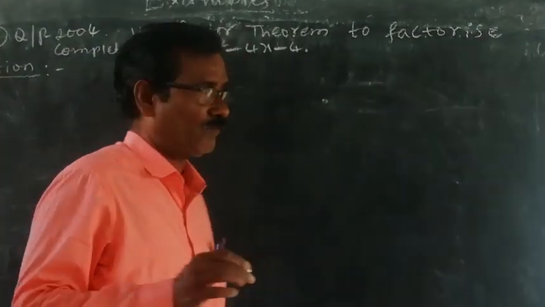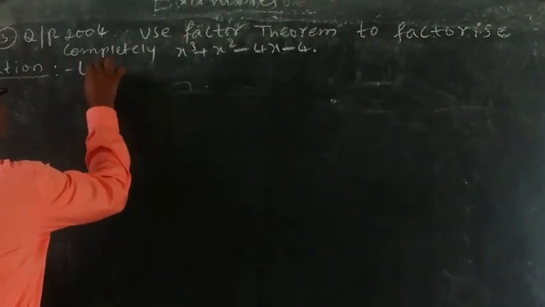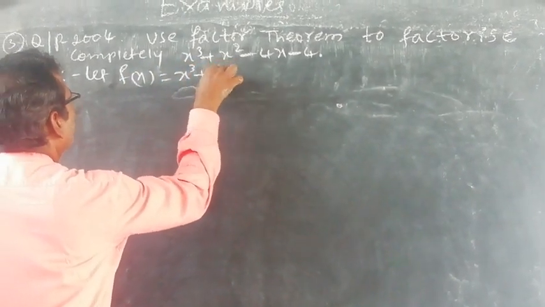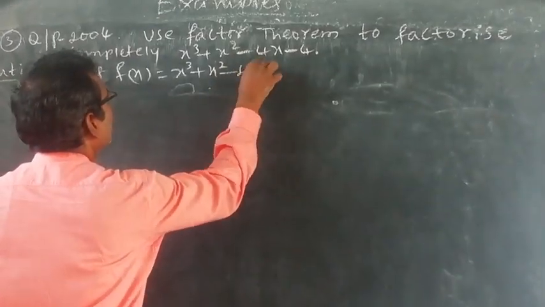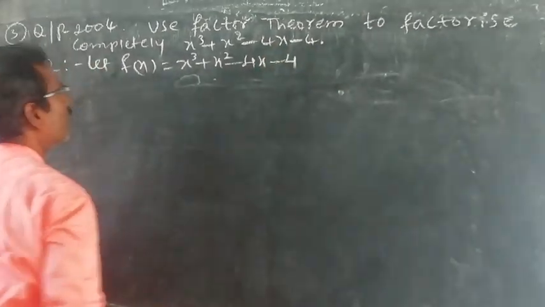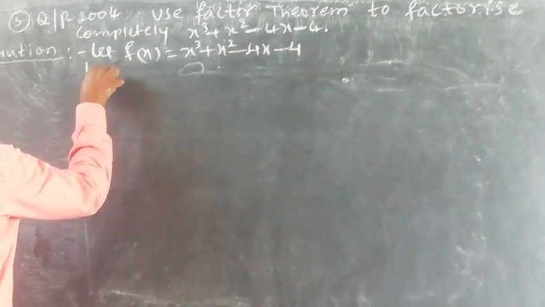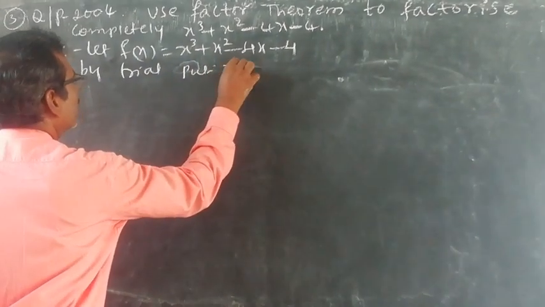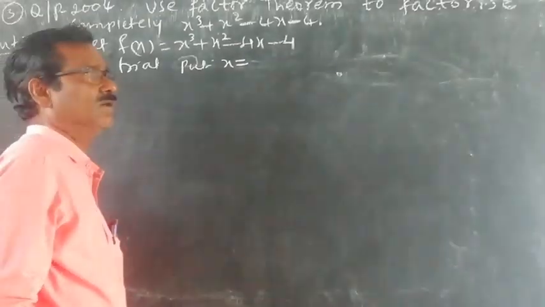Now what I will do, first let f(x) is equal to x cube plus x square minus 4x minus 4. Now by trial, put x is equal to 2.